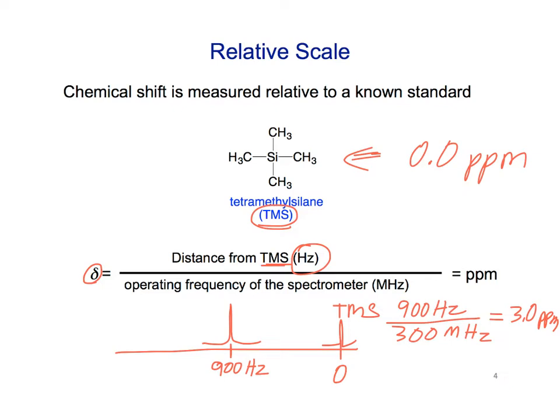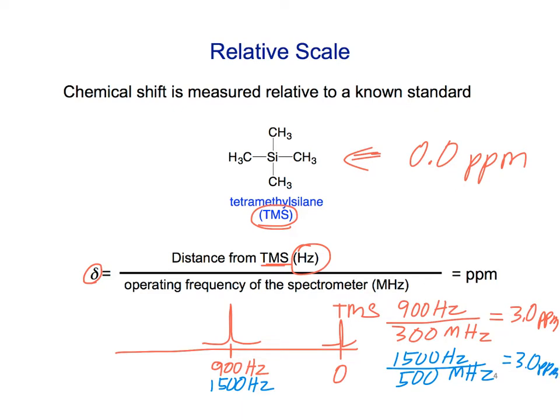If we ran this same sample at, let's say, 500 megahertz, then this signal right here would be at 1500 hertz. And so we would have 1500 hertz divided by 500 megahertz. This still equals 3 parts per million.